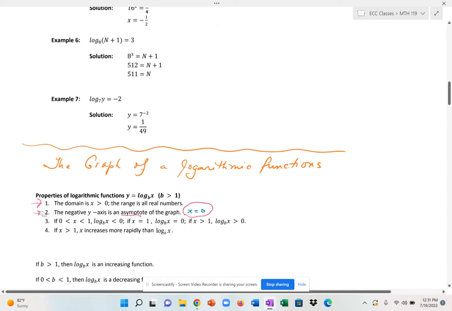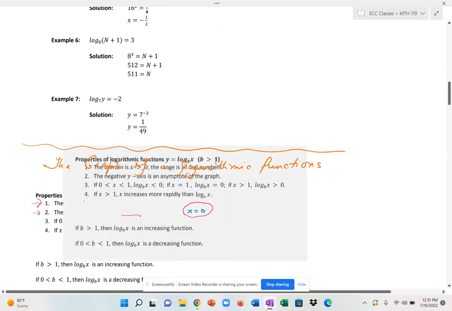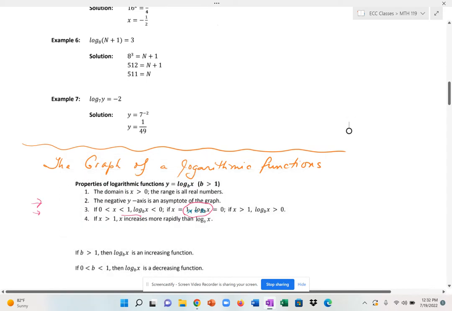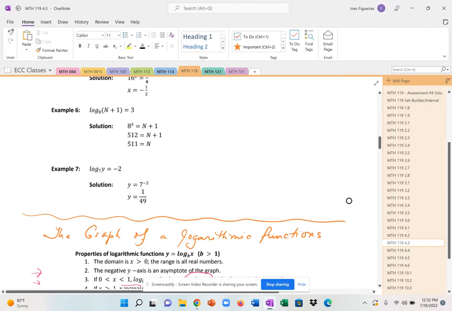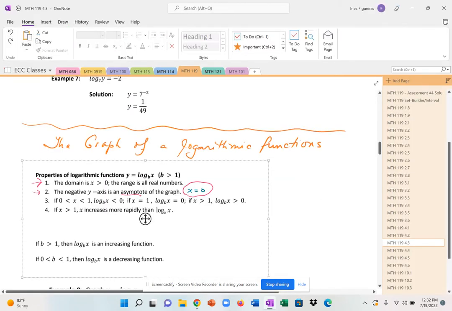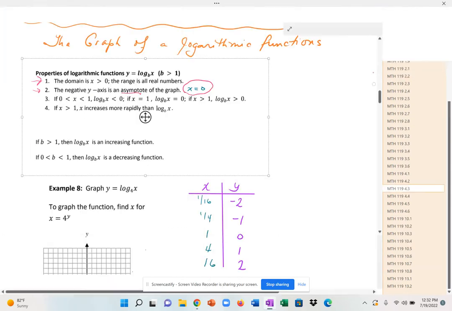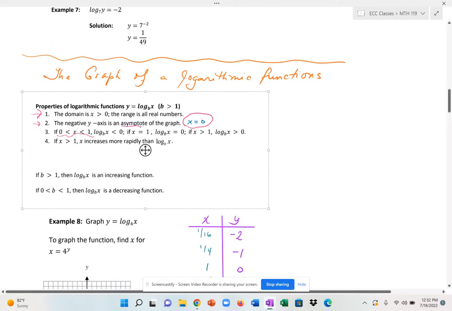If the values of x are between 0 and 1, then log base b of x is going to be a negative number, and you'll see that in the graph. When x equals 1, log base b of x will equal 0.